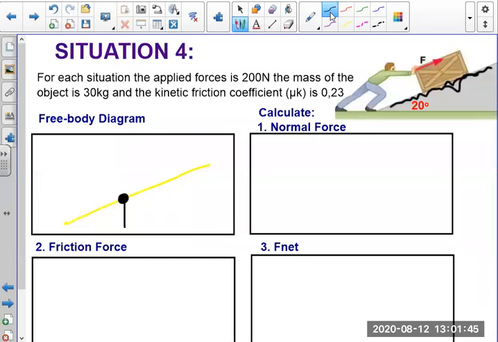What do I have? I have the weight, or the gravitation force. I have a normal force, and the definition for normal force is always that a normal force is perpendicular to the surface area. Now, this object goes on a slope.